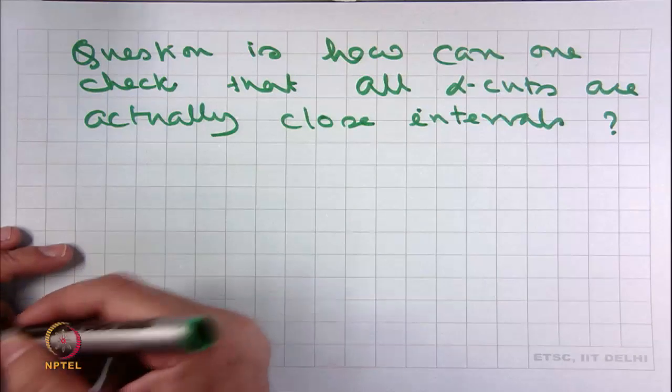As there are uncountably many alphas even in the small interval 0 to 1, it is not practically possible to check for all alphas whether the corresponding alpha cut of a fuzzy number is indeed a closed interval.